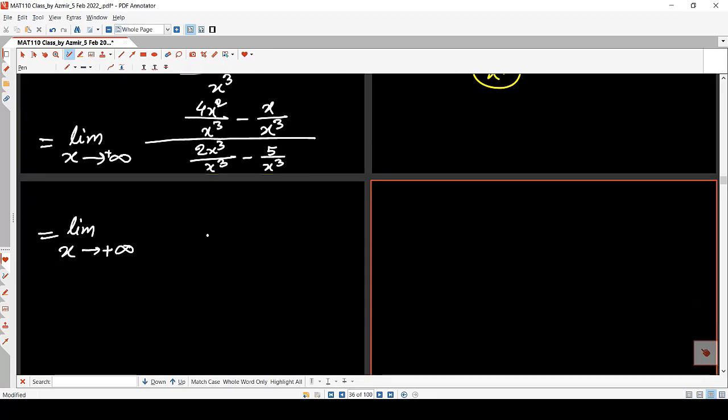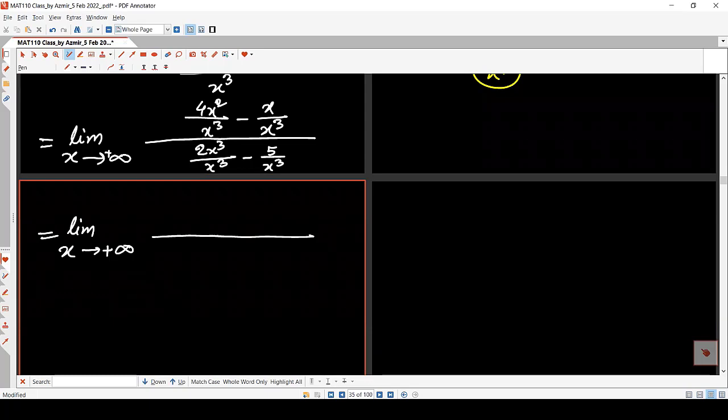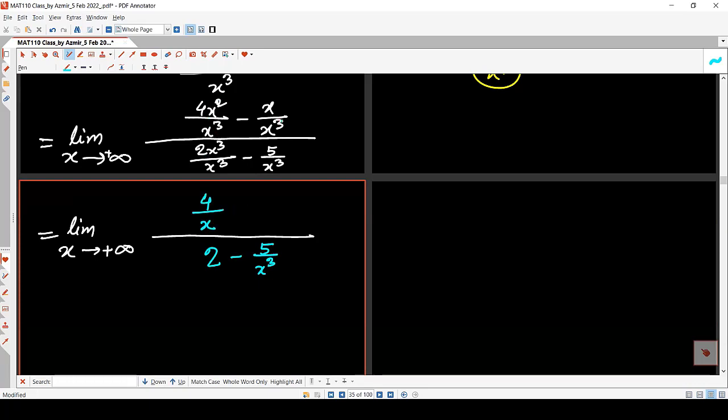Now let us simplify. Let's have a look at the denominator first. X cubed and x cubed will be cancelled. So we have 2 only, minus 5 over x cubed. In the upper part, the reduced form will be 4 divided by x, minus x divided by x cubed, which will be 1 over x squared.